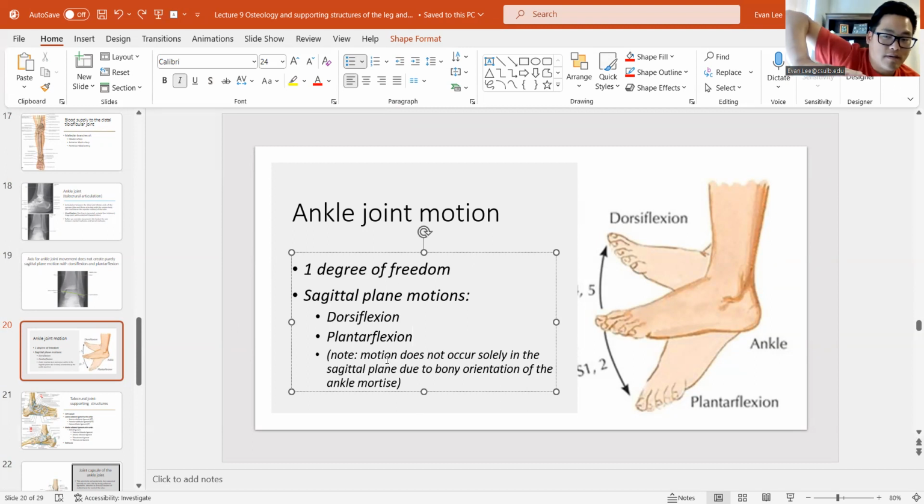This is dorsal, so for the foot, this is the dorsal side. And oh, I can't go much higher with my wrist, but this is dorsiflexion. And then plantar flexion is referring to the sole of the foot. So that is when you bend your foot downward, towards the plantar surface.